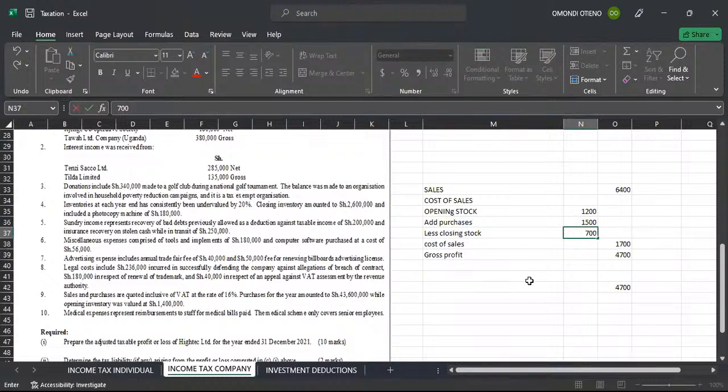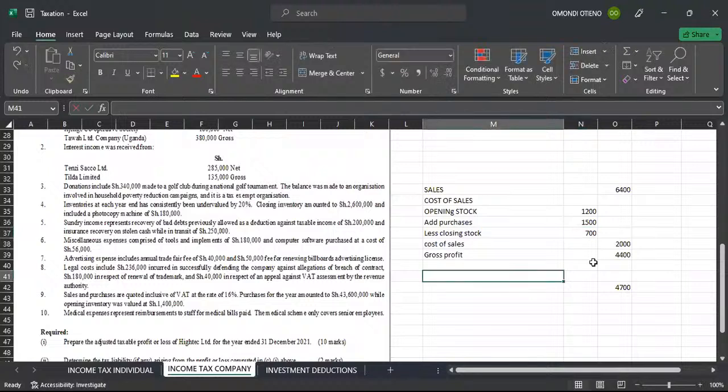So let's see. If we bring in 700 there as the real value of closing stock, tukitoa ile photocopying machine, let's look at our profits. Imefanya nini? Our profit has reduced from 4,700 to 4,400.